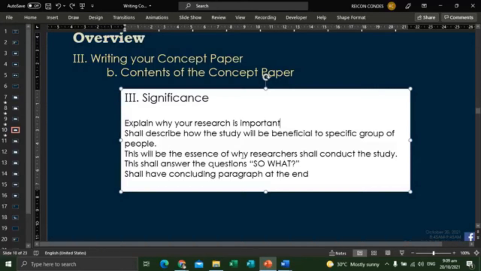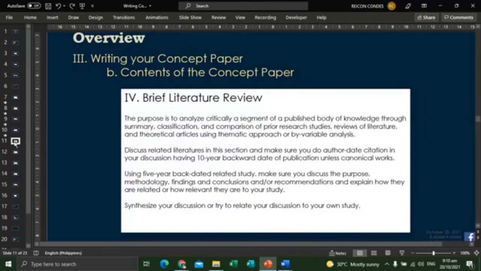This will be the essence of why researchers shall conduct this study. Meron tayong kailangang sagutin na so what? Ano naman? Para saan naman ito? And then, you should also be able to provide a concluding paragraph at the end. So, yun ang mangyayari dito sa ating significance of this study.